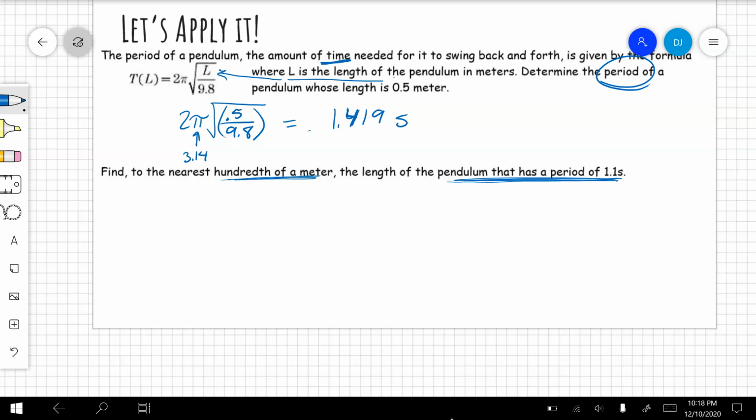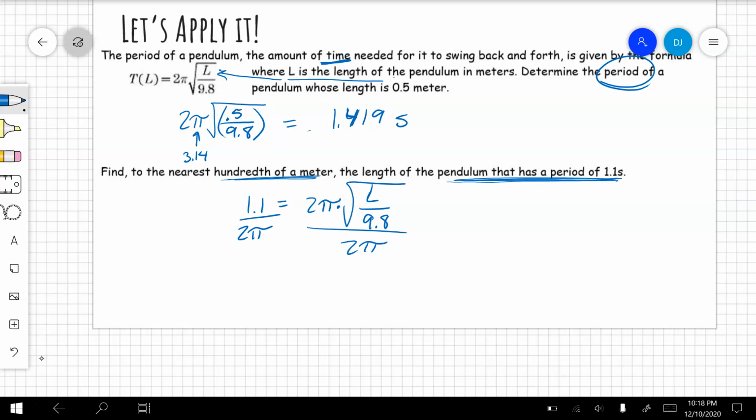So if that means that the period is 1.1 seconds, this entire thing equals 1.1: 2 times pi times the square root of the length of the pendulum divided by 9.8. Now the next thing we're going to do is, because 2 pi is being multiplied, we're going to divide both sides by 2 pi.